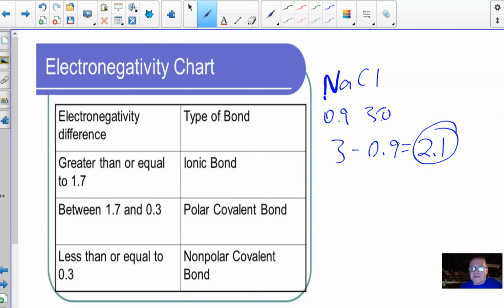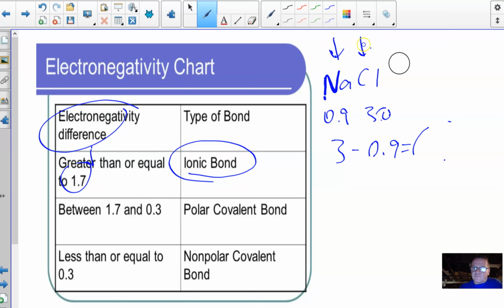Anytime we have an electronegativity difference greater than 1.7, ding, ding, ding, that's an ionic bond. Anytime we have a metal and a nonmetal, that difference is going to be greater than 1.7, so we have an ionic bond.